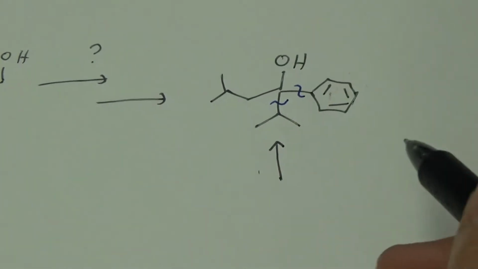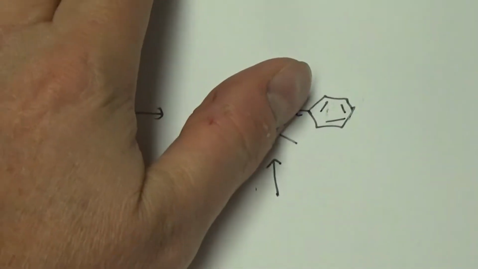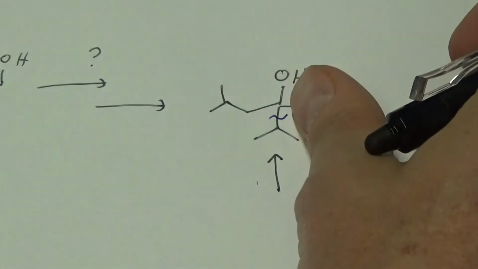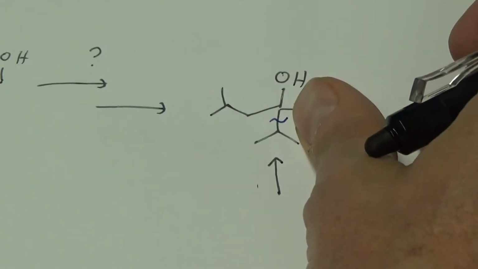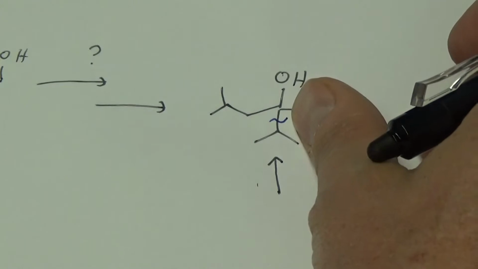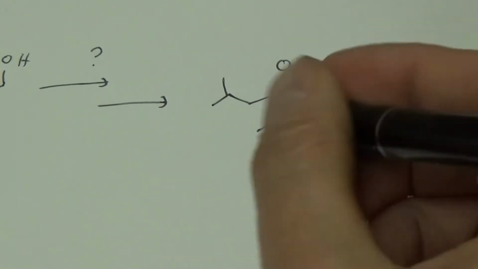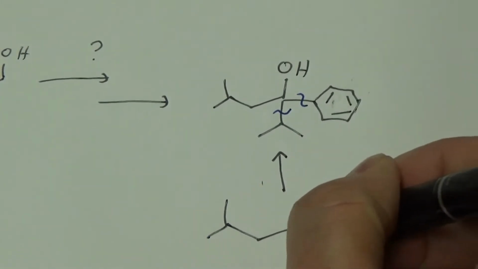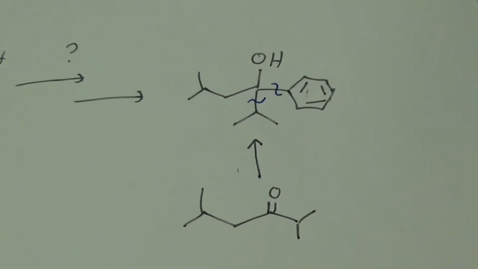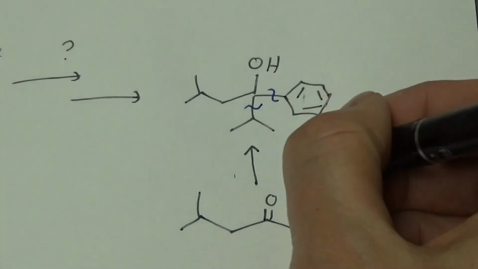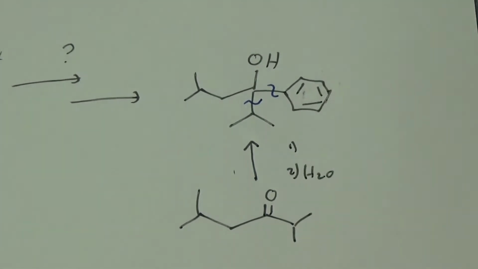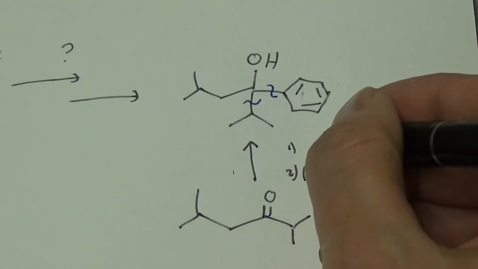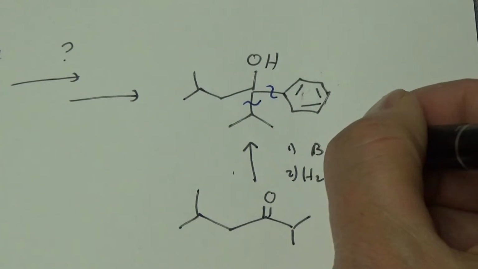So if I do the benzene last, that means the benzene will be a Grignard, benzene MgBr, and these carbons would correspond to the ketone. So the ketone would look like that. And the benzene, step 1, step 2, would be the Grignard. It says benzene MgBr.